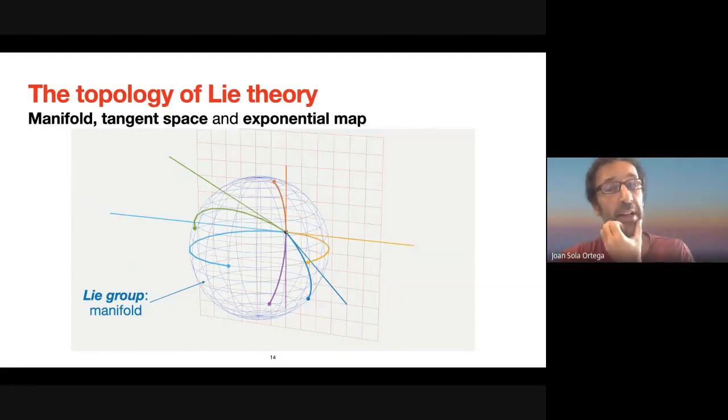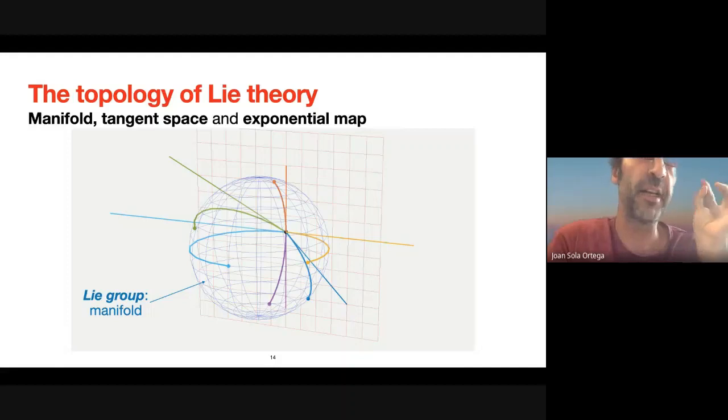So I told you that the Lie group is defined by a smooth manifold, and this smooth manifold has a certain shape. In this case, I draw a blue sphere. I hope you can see it properly on screen because of resolution. I think it's visible. So this blue sphere would be the manifold, which is defined by the constraint of the Lie group.